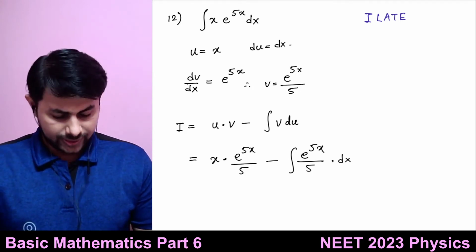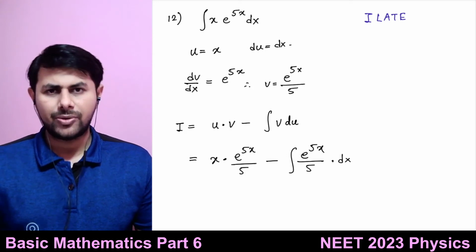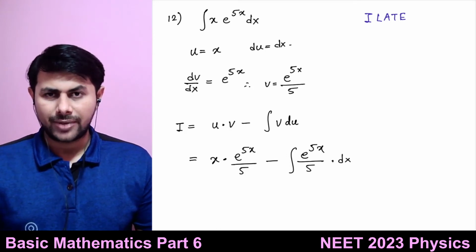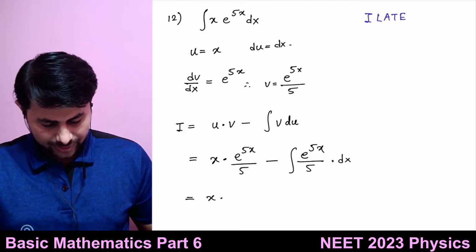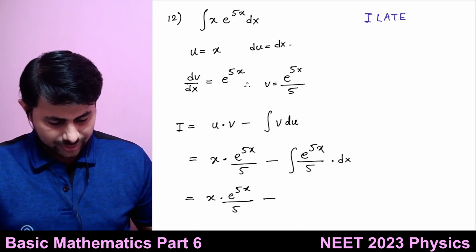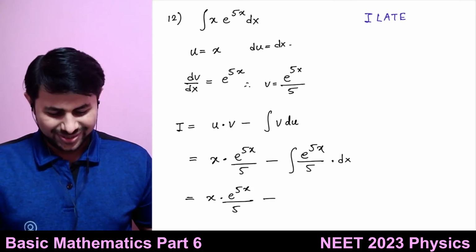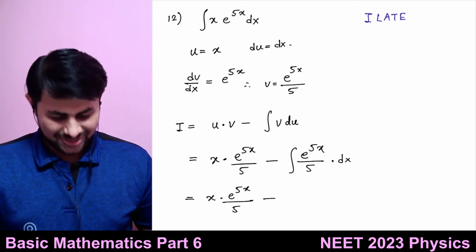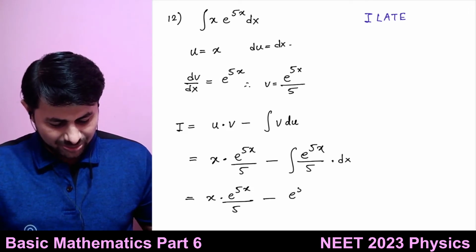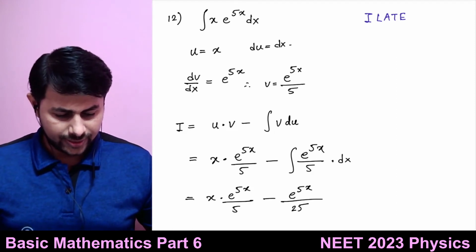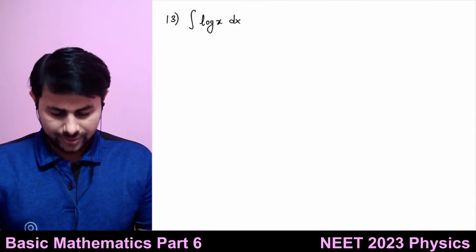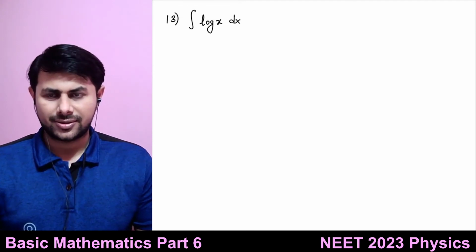So what is this? It will be e raised to 5x divided by 5 again, so e raised to 5x divided by 25. Is it getting complicated? No, sir. Clear, sir. Okay.